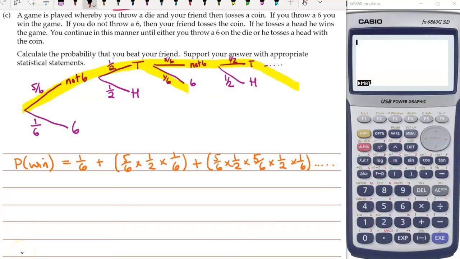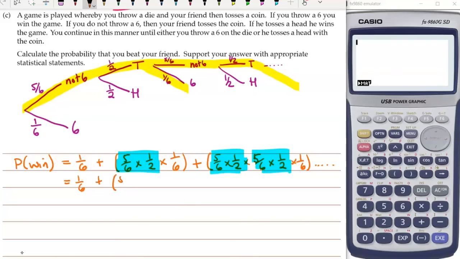Now we can spot a pattern in this where we start with a 1/6, and there are always portions of 5/6 times a half. We've got 2 of them. In the next one we'd have 3 of them, and then each time it gets multiplied by 1/6 again.